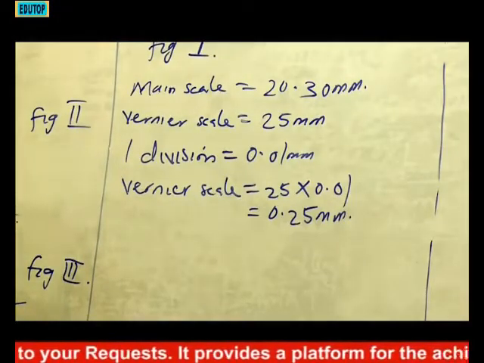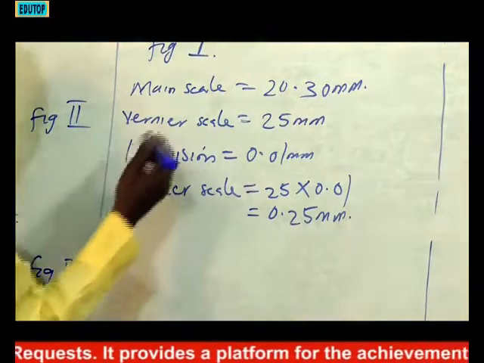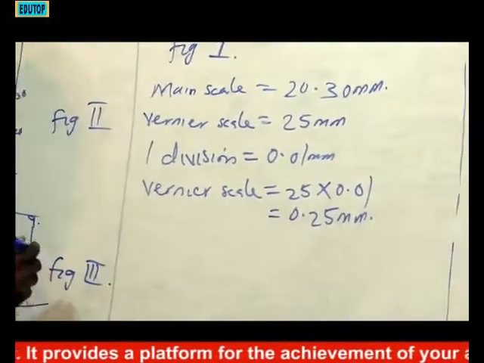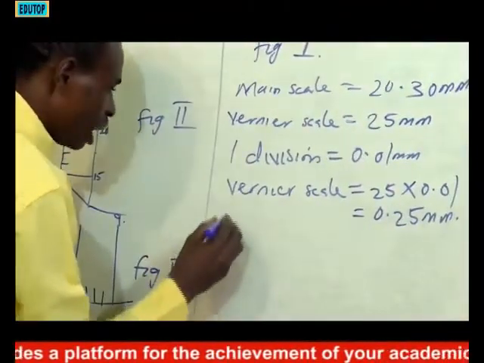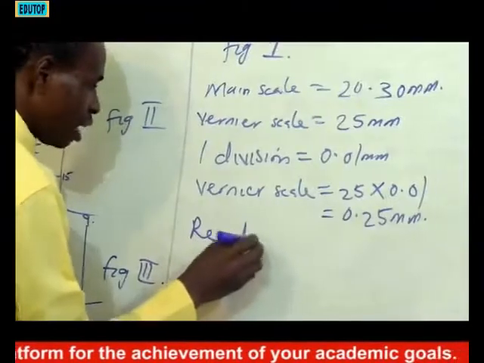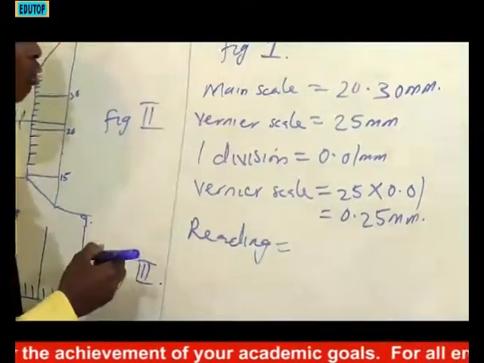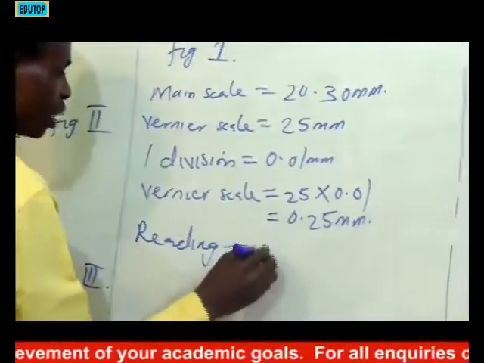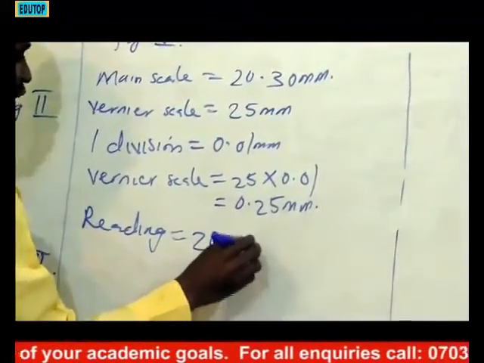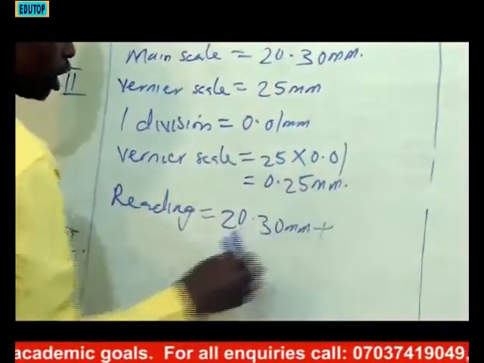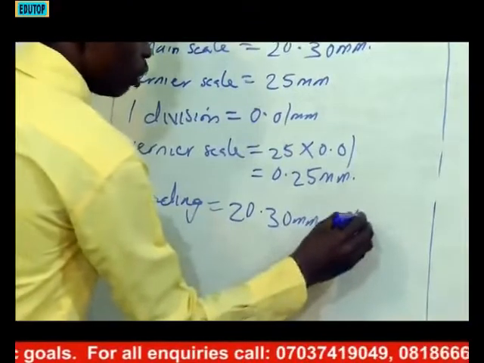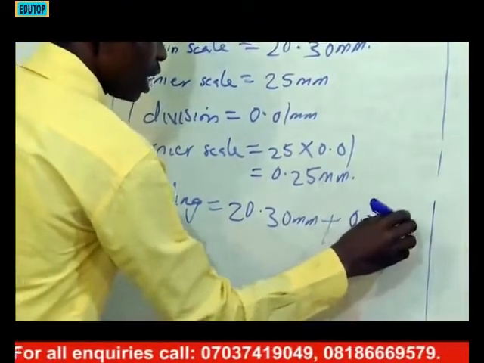After you have done that, what will now be the reading of the micrometer screw gauge? The reading will be equal to, for the main scale, 20.30 millimeter plus 0.25 millimeter.